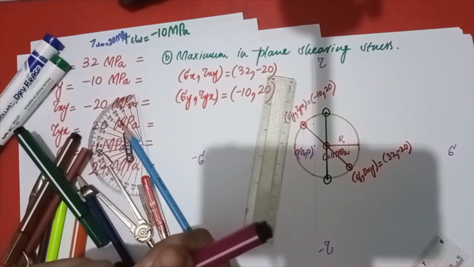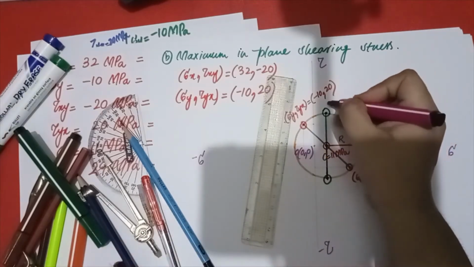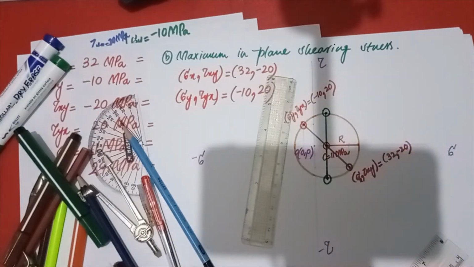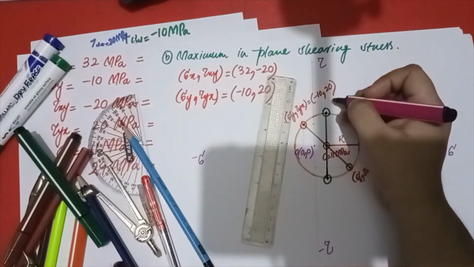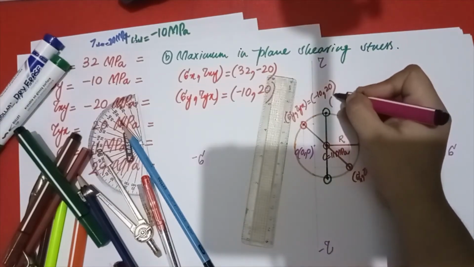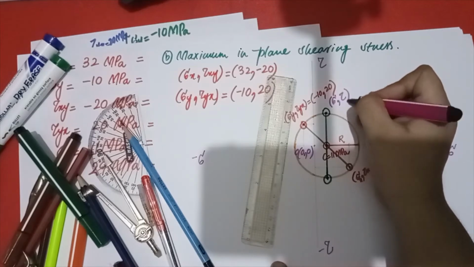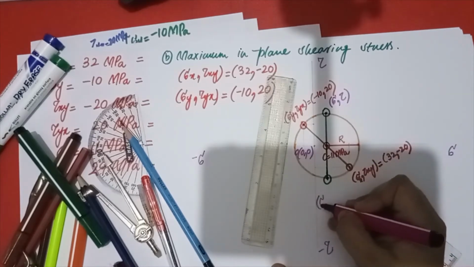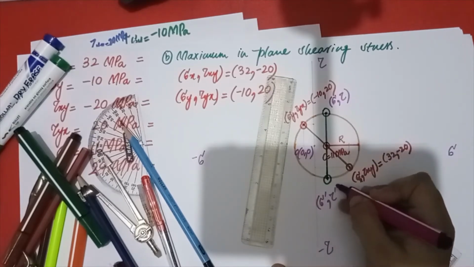For example, I am taking it as sigma comma tau, and this as sigma dash comma tau dash.